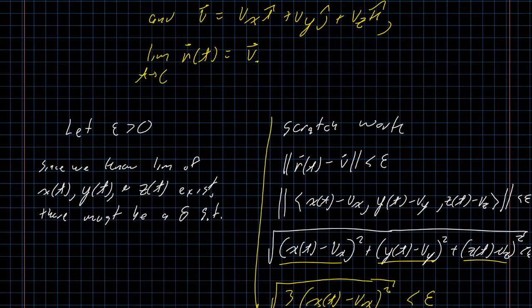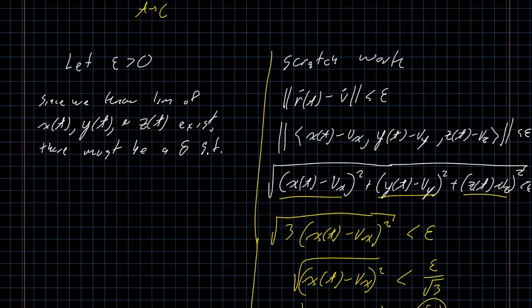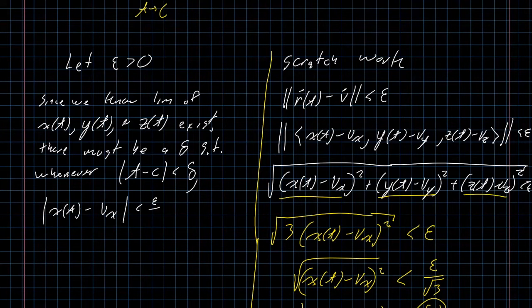And since we know that all of these limits on the real valued functions, x of t, y of t, and z of t exist, there must be a delta such that whenever the absolute value of t minus c is less than delta, we have that the absolute value of x of t minus vx is less than epsilon over the square root of 3.